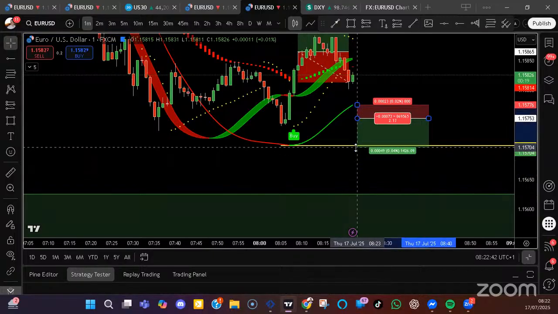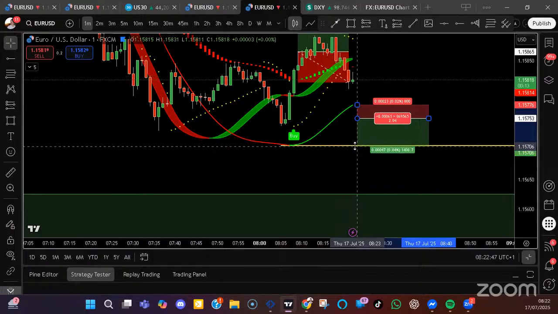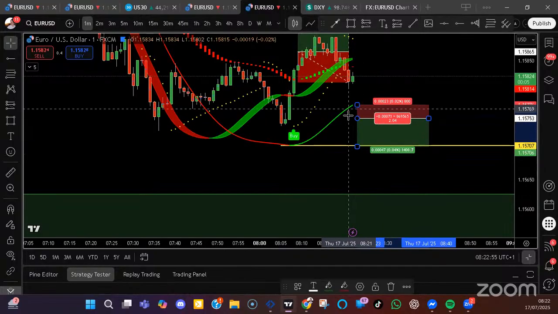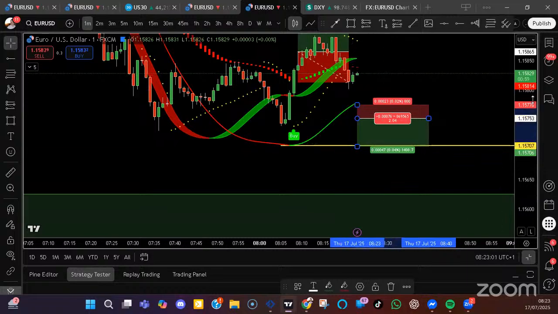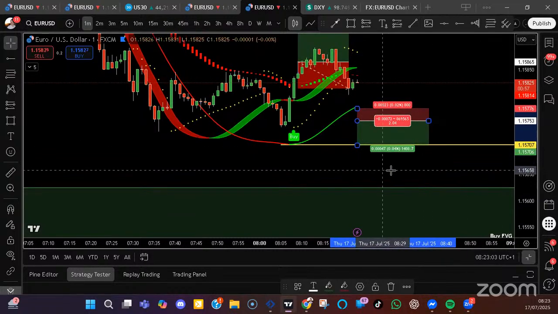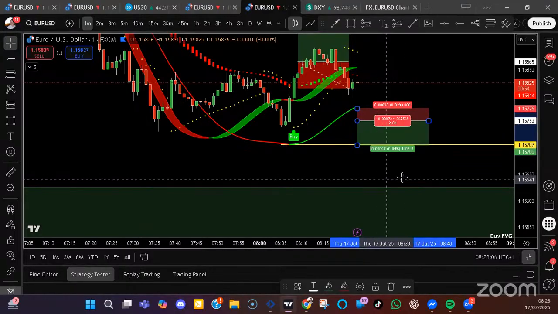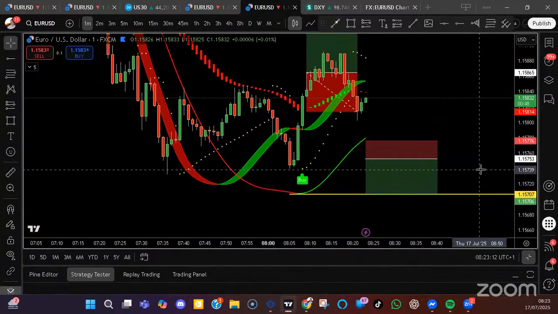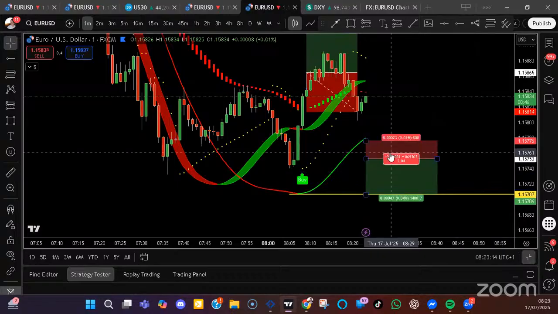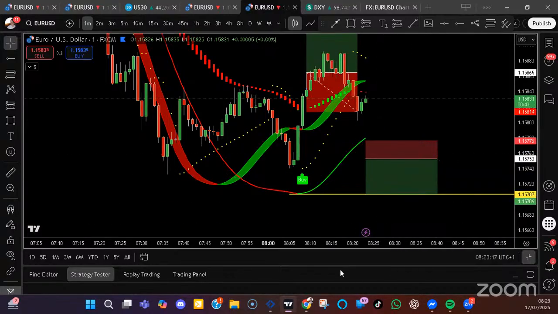And as you can see, at the moment, assuming a 2.2 pip stop loss between that and entry, it will take you into the buy zone. But in reality, price might be more than a 2.2 pip. It'll probably be about 3 or 4, which would take you well into the buy zone. So that is a more risky trade. And indeed, we haven't even got the sell alert yet anyway. So that's where we were, unfortunately.